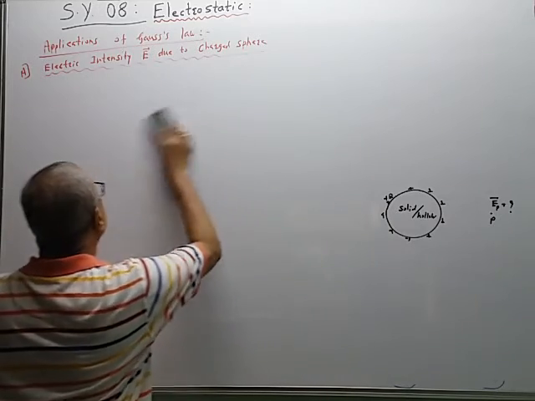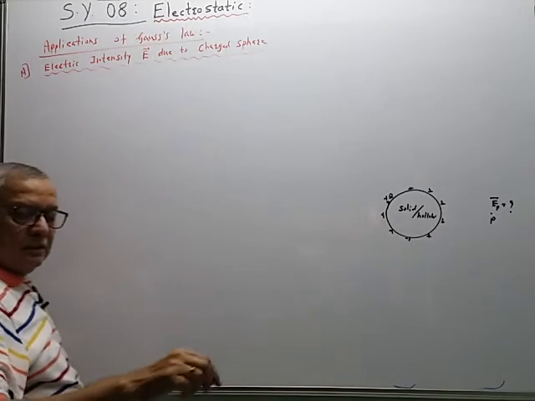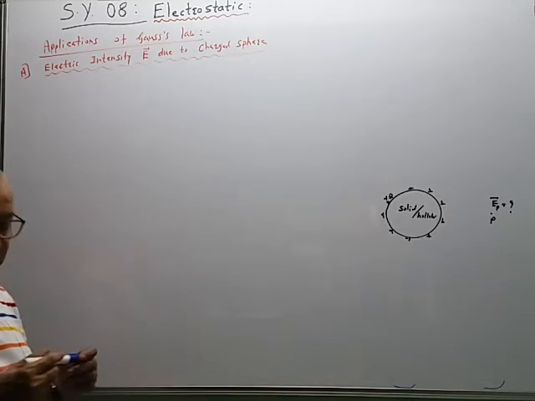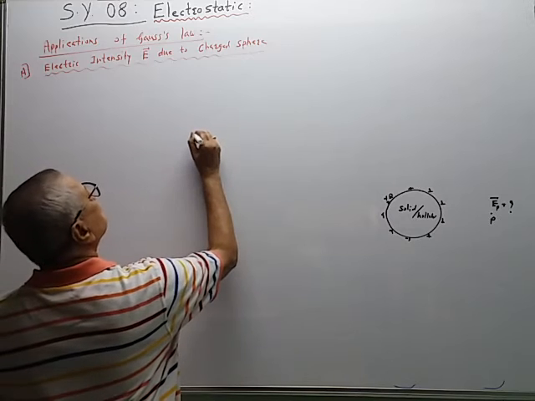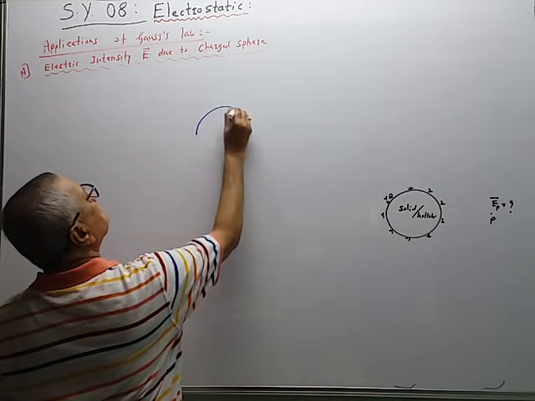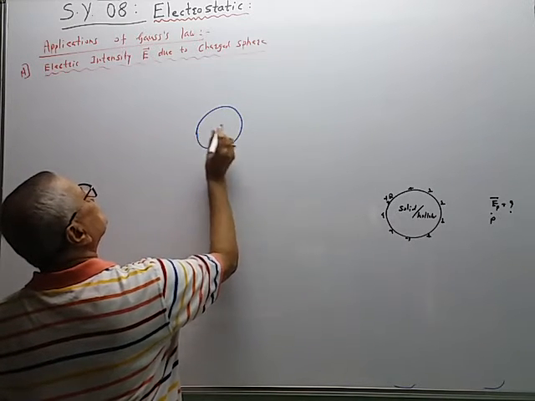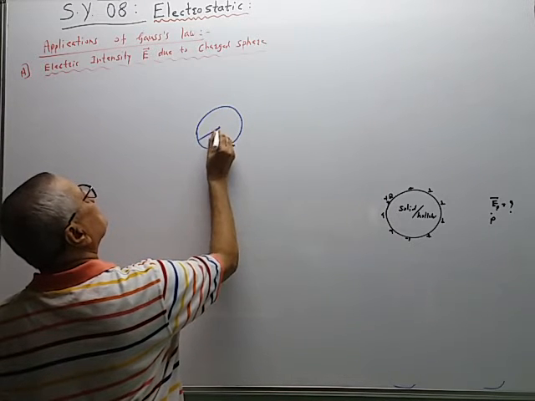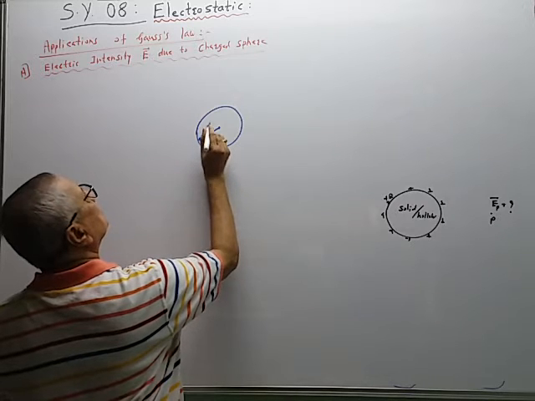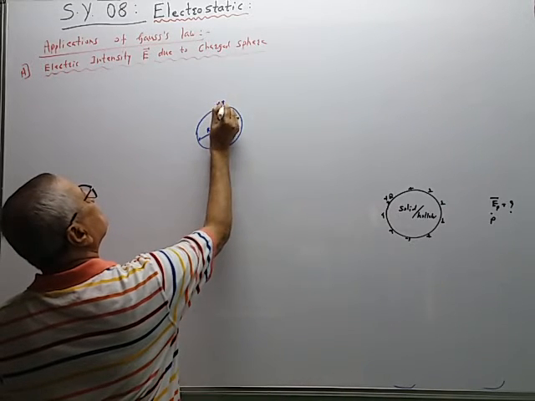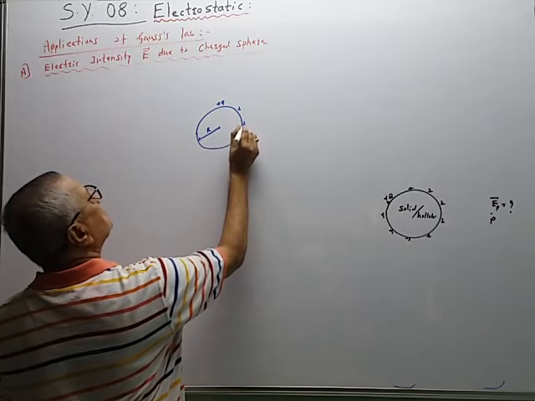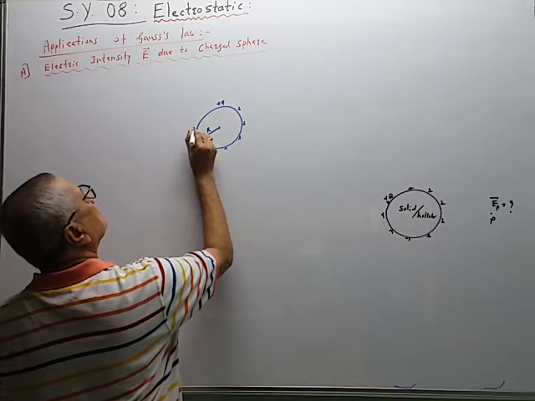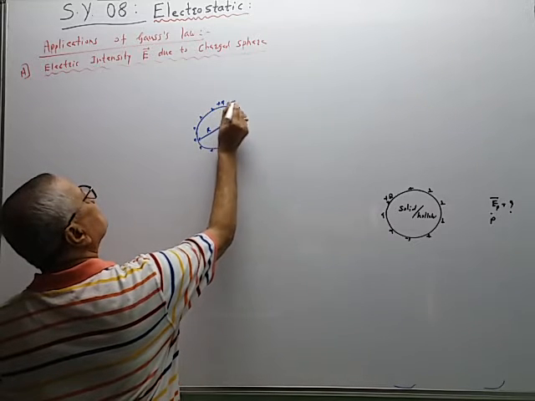So for that purpose, we will consider the sphere like this. Suppose this is a sphere. The radius of the sphere is R. The charge given is plus Q. It is distributed uniformly. Like this.